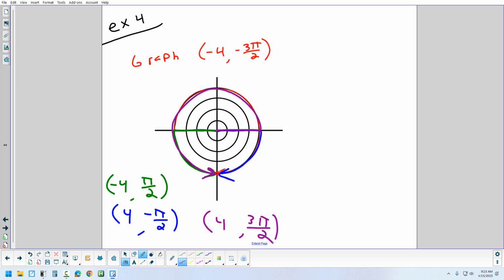So generally, there are 4 different ways to get to a point. I'm going to say up to 4 ways.